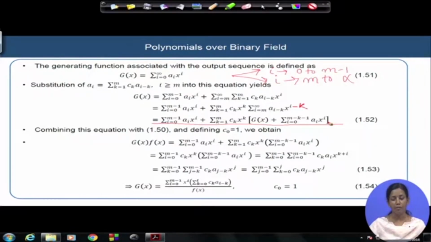Equation 1.52 is a generating function that will finally help us to generate the final code sequences.